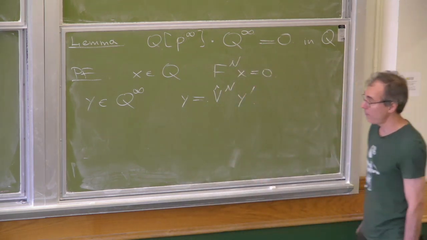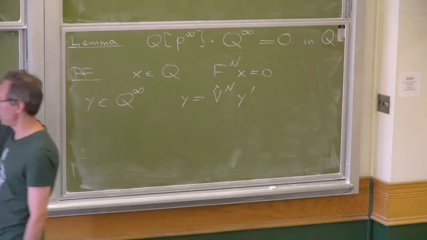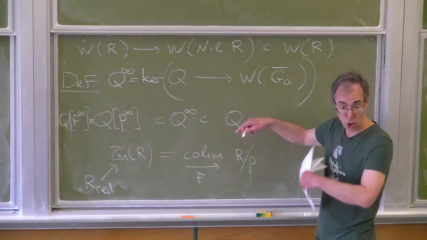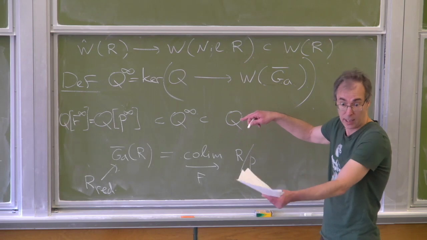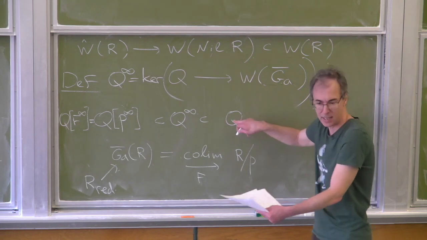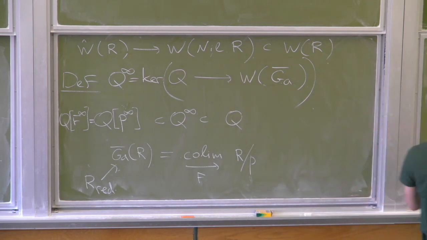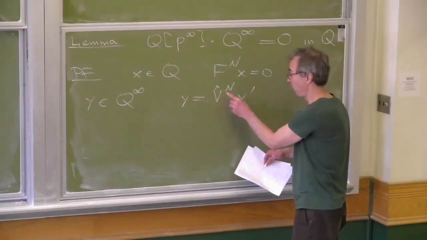An equivalent definition of Q infinity is the following. It consists of all vectors of Q which are infinitely divisible by V check, that is, all vectors that can be written in this form for every m.